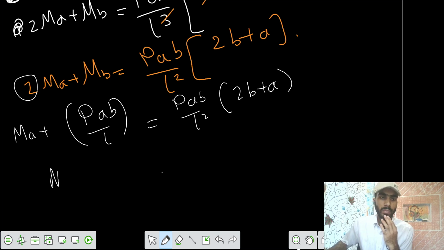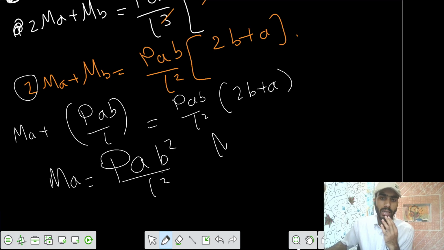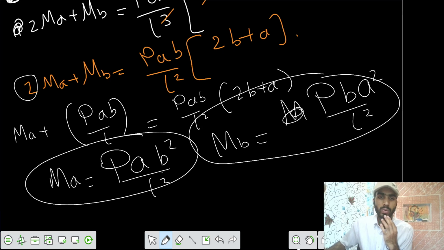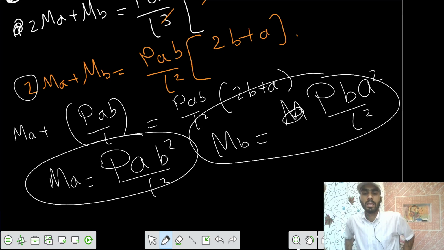So after simplifying, you get that moment Ma equals to Pab square by L square, and moment Mb equals to Pba square by L square. These two values you get at the end.